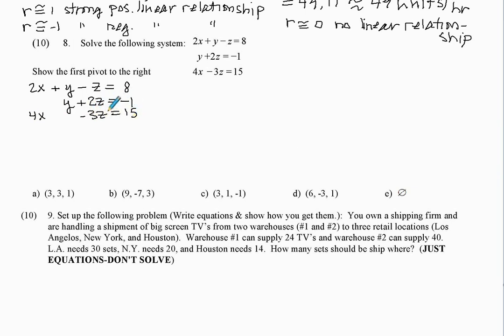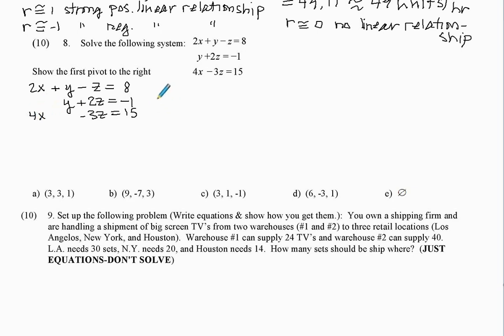Remember, we want to put it in echelon form. So we want to eliminate this x term first. We'll use the 2x as our pivot term and clear out that first column. This entry's gone, so I made it a little easier for you. And we need to eliminate that 4x right there.